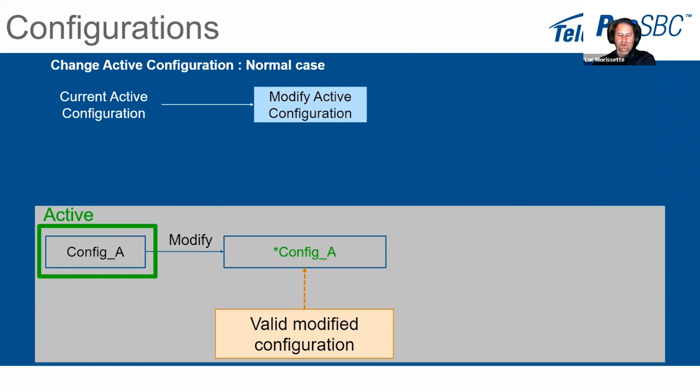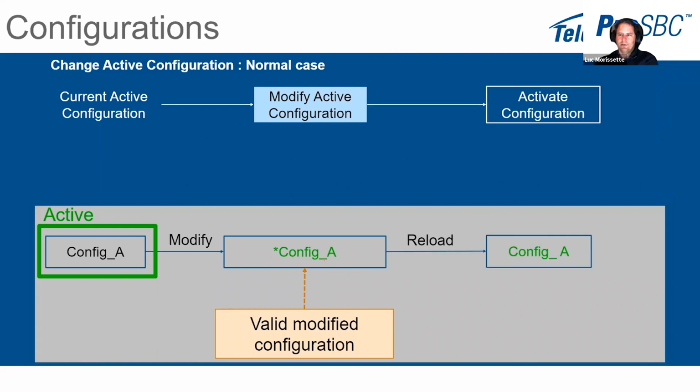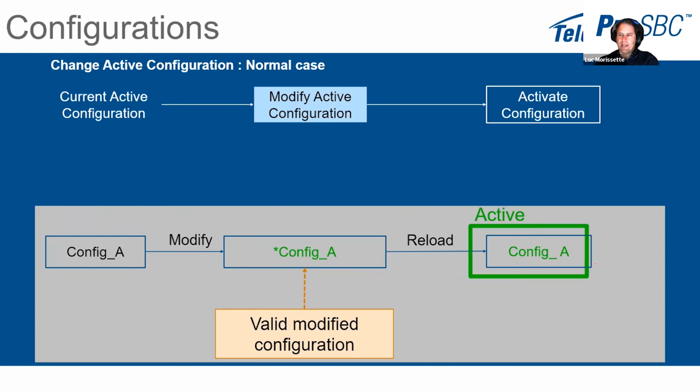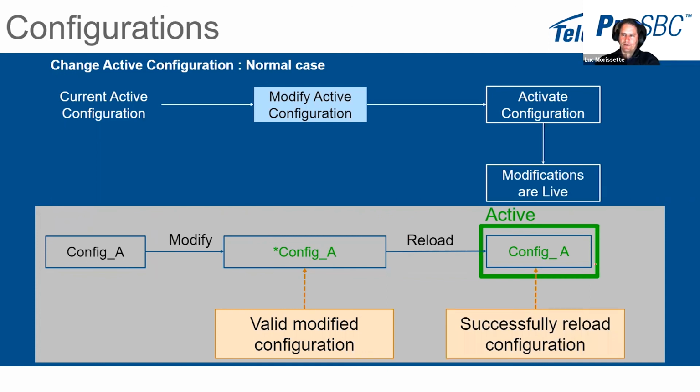And then it tells you that it is good. So if you validate it and you know it's good, then you can say load new configuration. And it's going to apply this new configuration. And it will become the new active configuration. Right? And your modifications you have done are now active on the system.